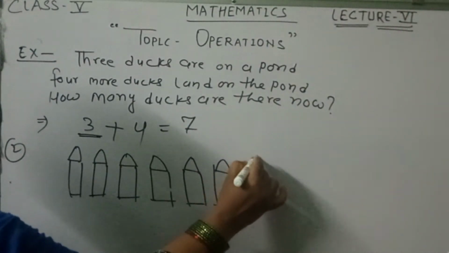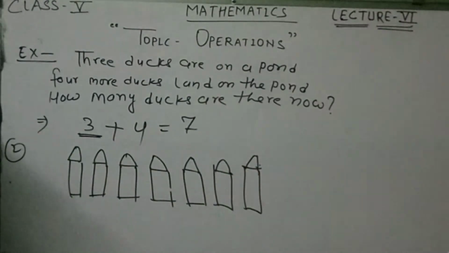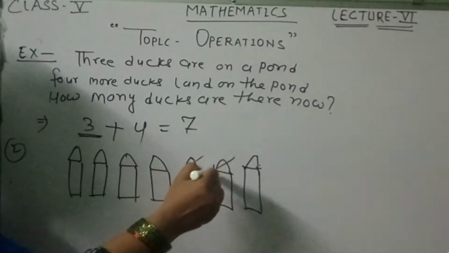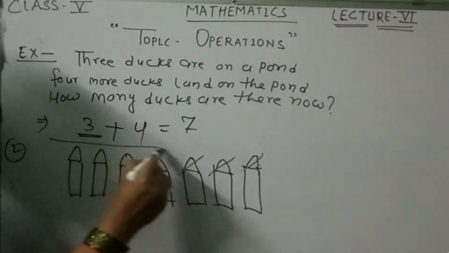Children, see here, seven candles are burning and if John blew out three of them, then how many are left?